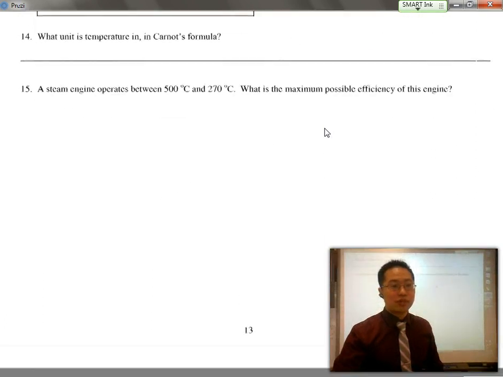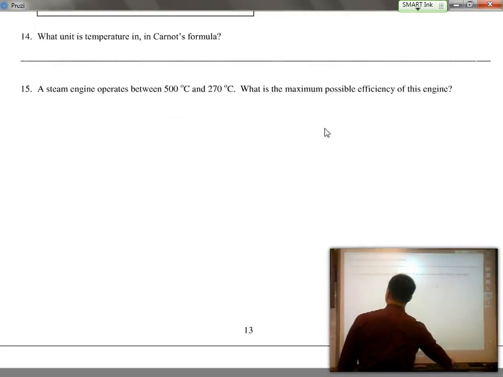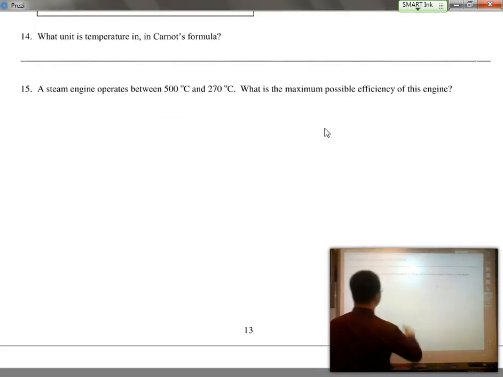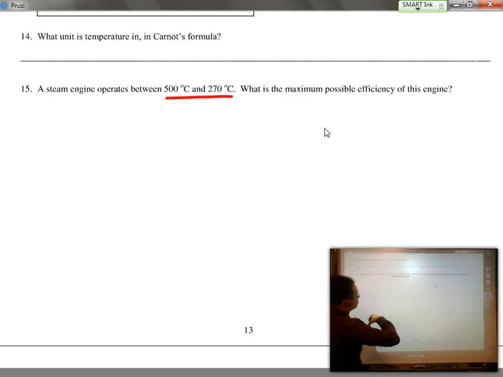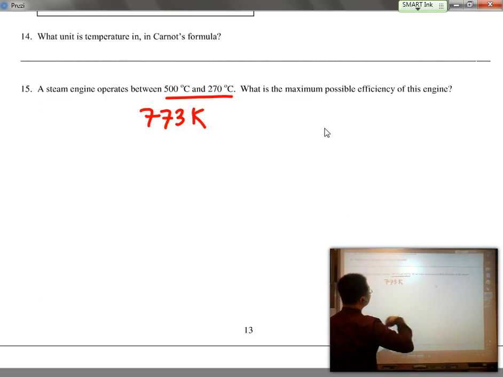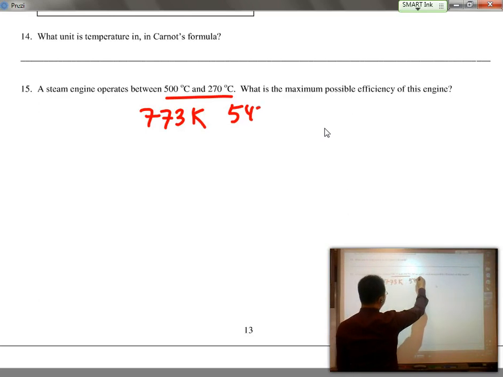Anyway, so if we take a look at an example here. A steam engine operates between 500 degrees Celsius and 270 degrees Celsius. The first thing we should do is convert to Kelvin. So this is 773 Kelvin, and this is 543 Kelvin.